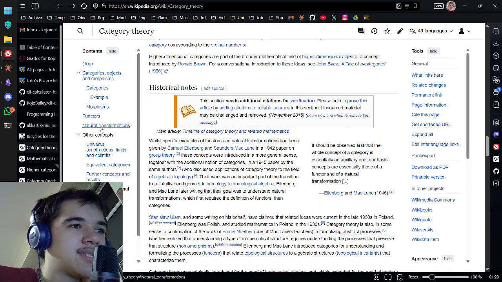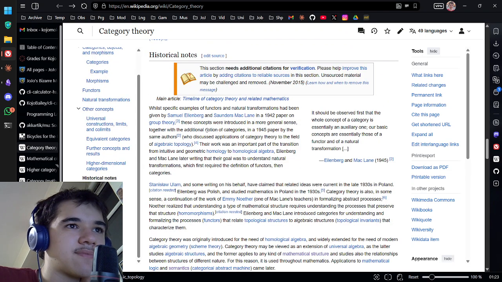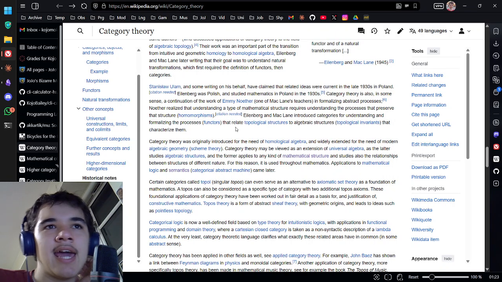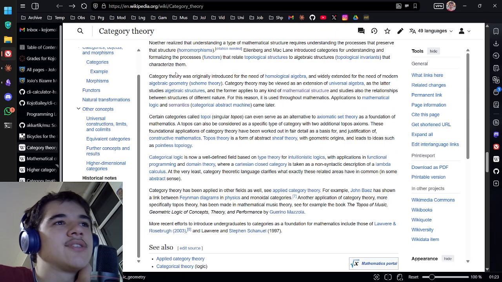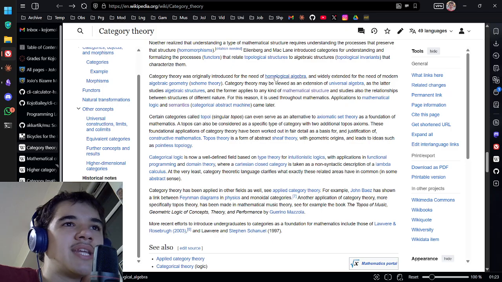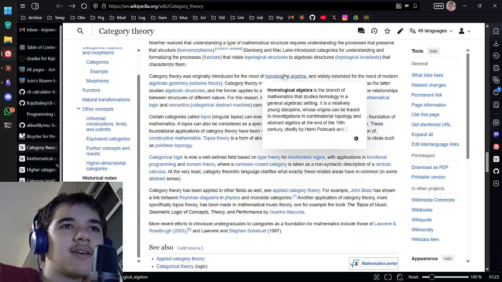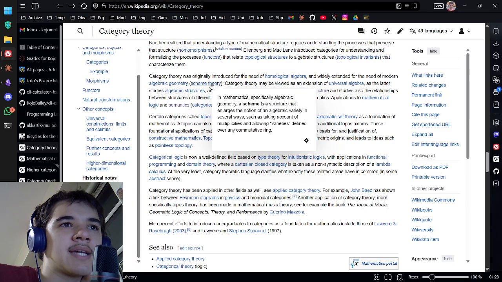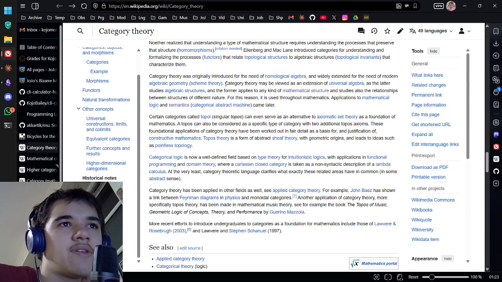Okay, historical notes. Let's look at some of the history. Category theory was originally introduced for the need of homological algebra. Homology, okay. And then algebraic geometry, scheme theory, like the language scheme. Category theory may be viewed as an extension of universal algebra.